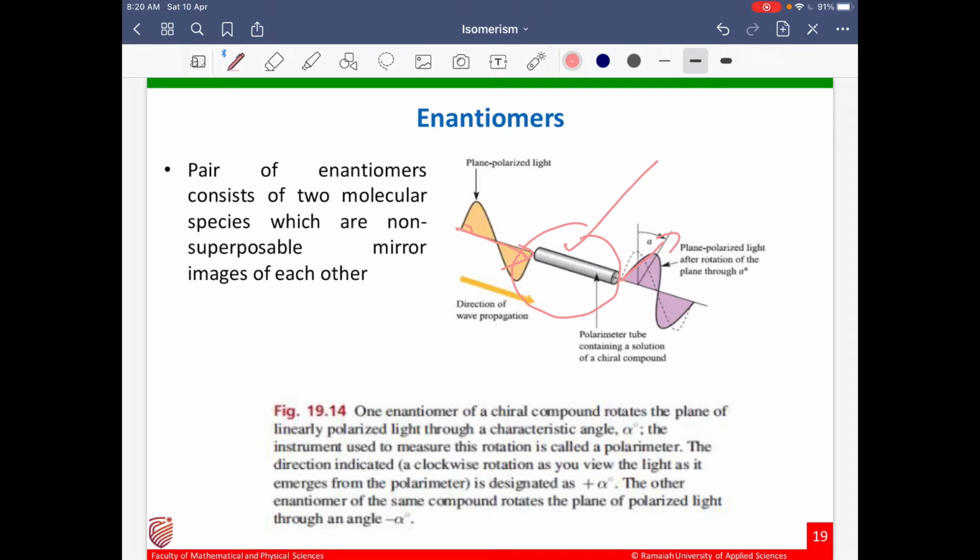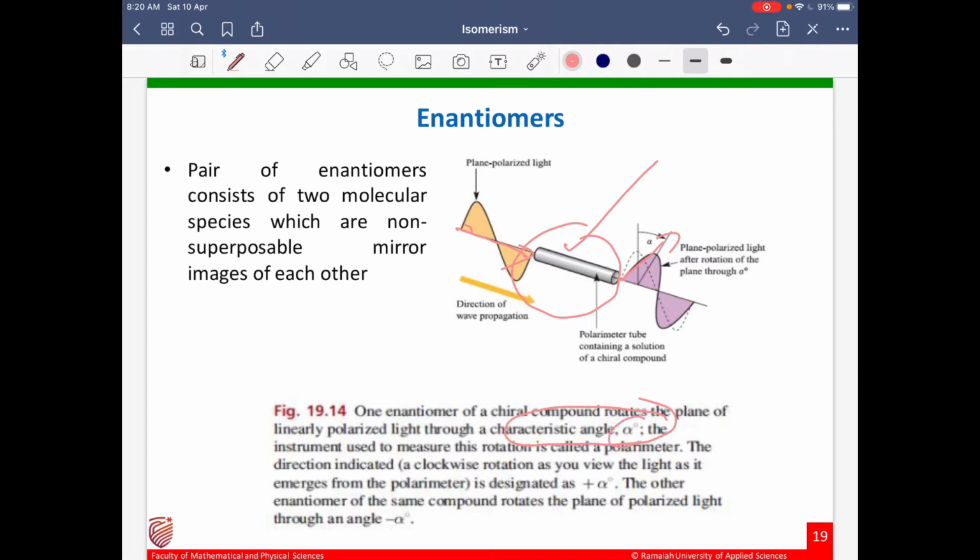Now, not only the direction, what is the angle? The instrument used to measure the rotation is called a polarimeter. So the polarimeter will check how much angle it actually rotated. The light is shifted to a particular direction. How much angle?